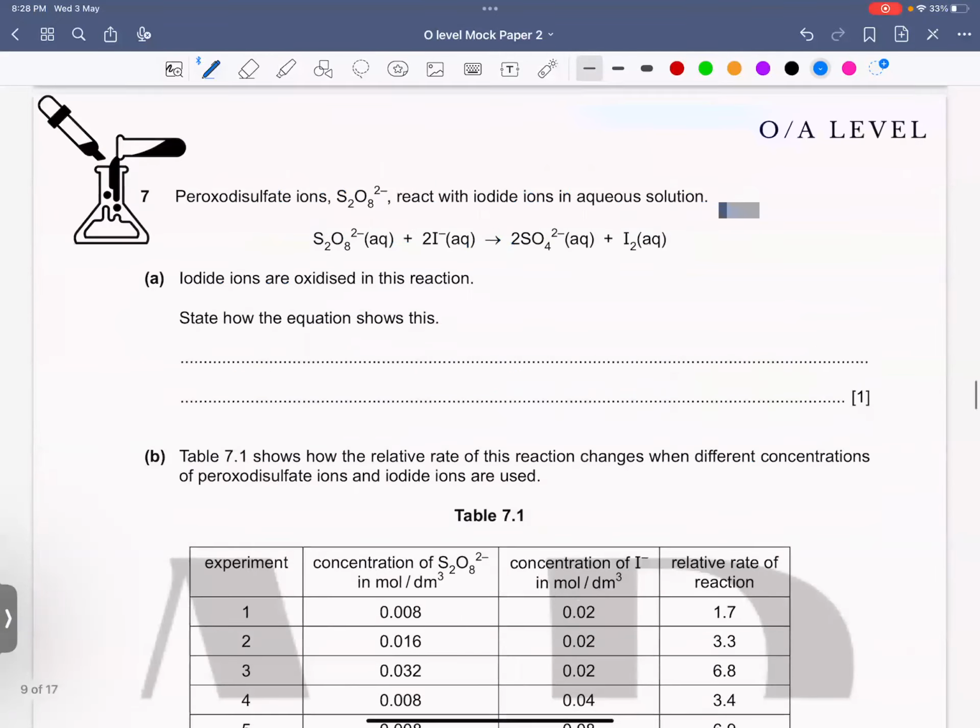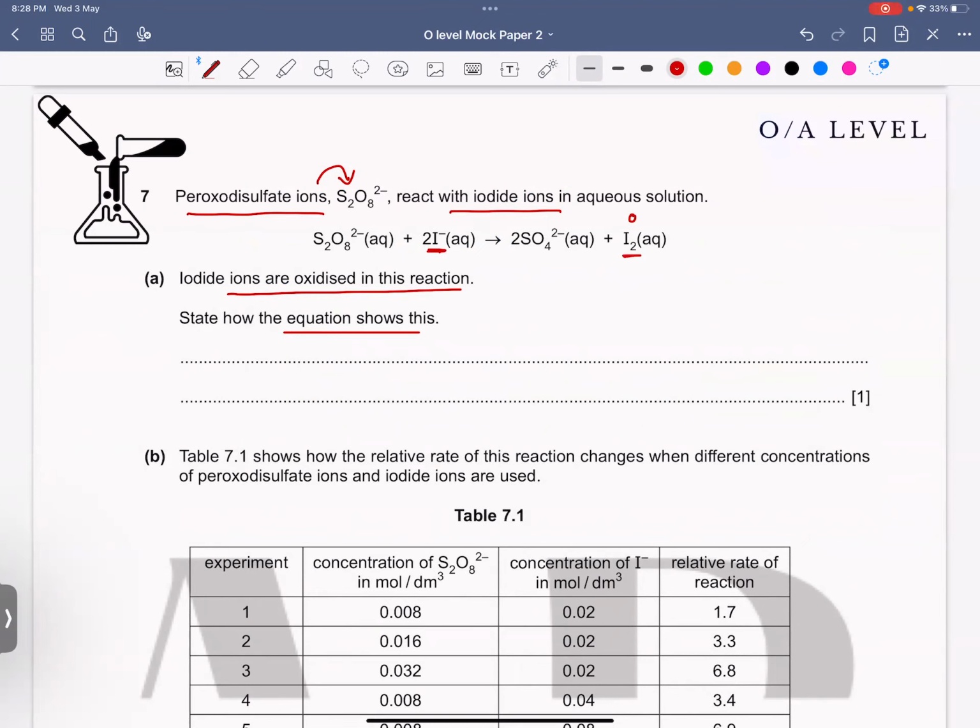Now, question number 7. Peroxodisulfate ions having the formula S2O8 2- react with iodide ions in aqueous solution. Iodide ions are oxidized in this reaction. State how the equation shows this. So if you look over here, the iodide ion has a -1 charge and it loses electrons and becomes iodine, which is 0.